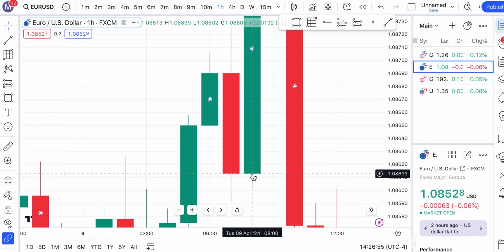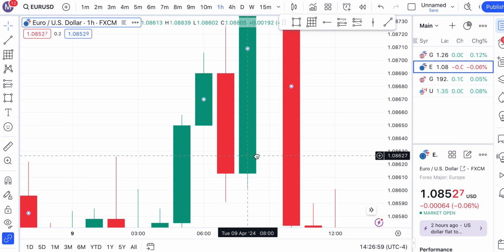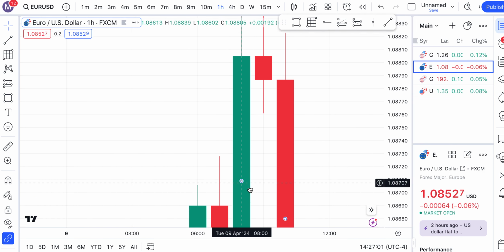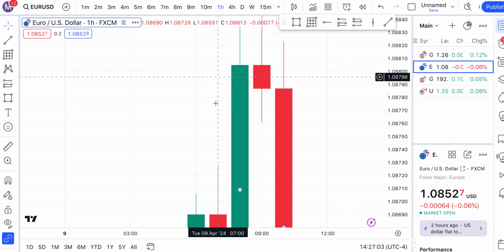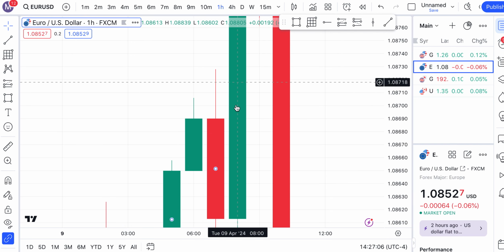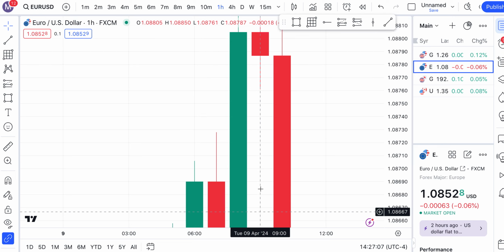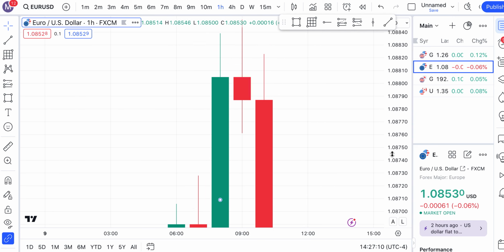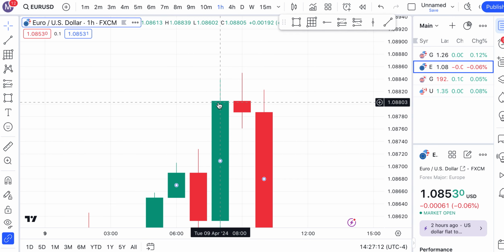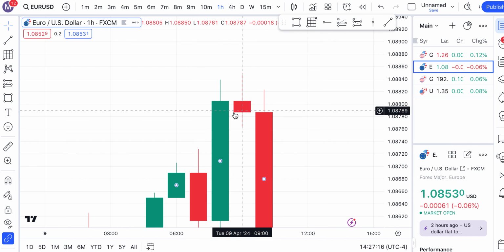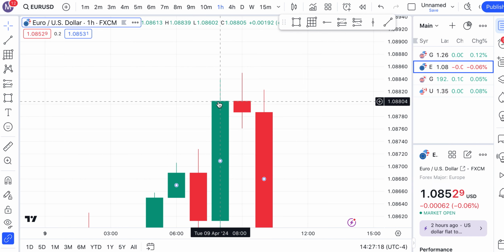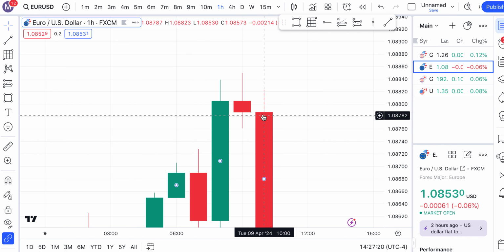And so we opened at the same price where the previous candle closed. The following hour closed above the close of this candle, which makes it bullish. And then next candle opened, we closed below the close of the bullish candle, making it a bearish candle.